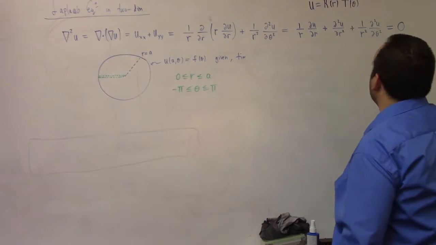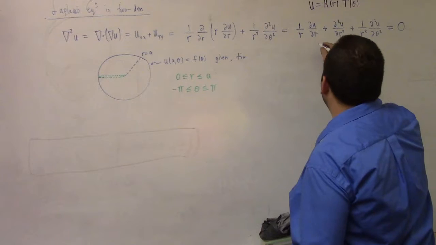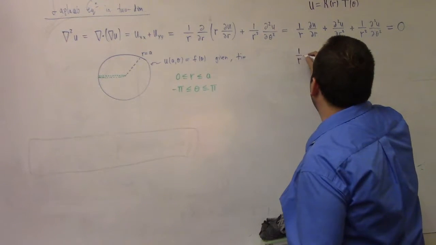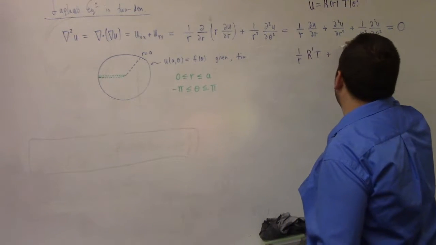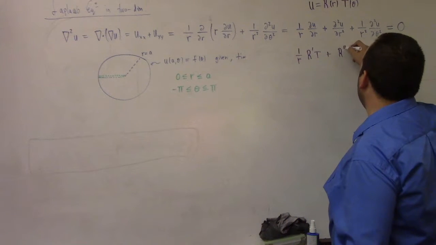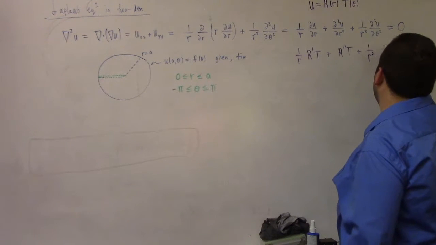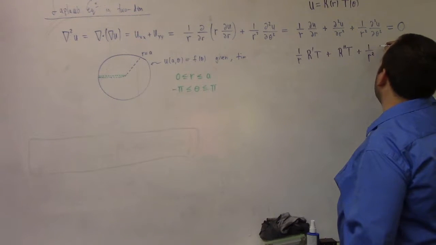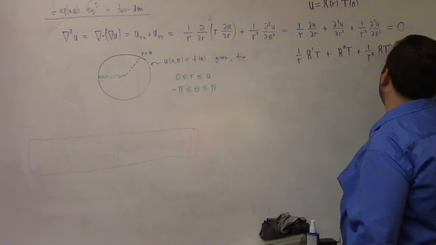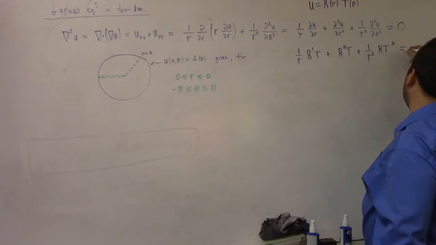So then 1 over r partial u partial r is R prime T, plus this guy gives me R prime prime T, and then plus 1 over r squared, R T prime prime, because that's my theta derivative, equal to 0.